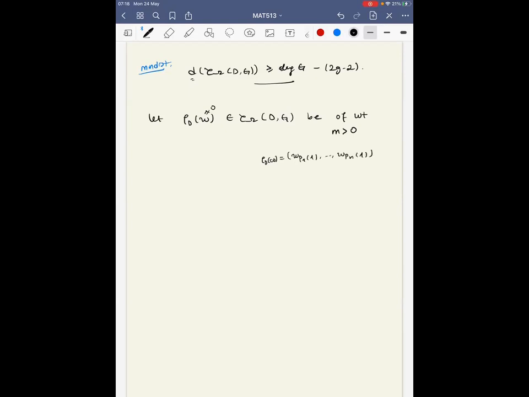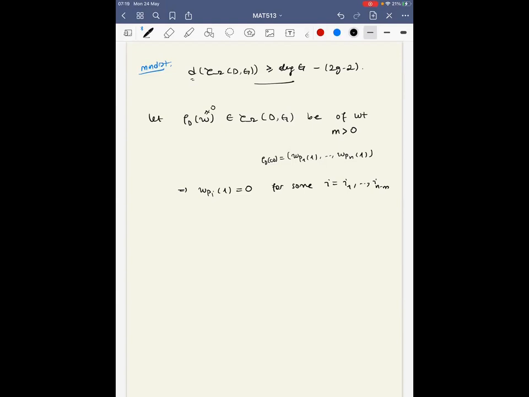Such a code word, we know that any non-zero code word of weight m contains m non-zero coordinates. So that means we have n minus m zero coordinates in this case, for some places pi1 up to pi n minus m.